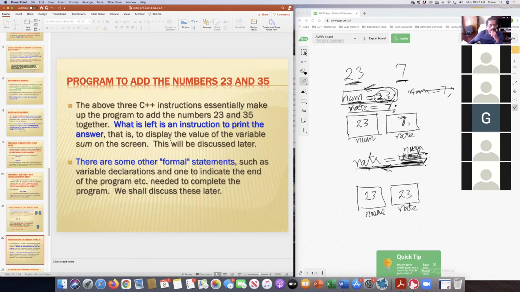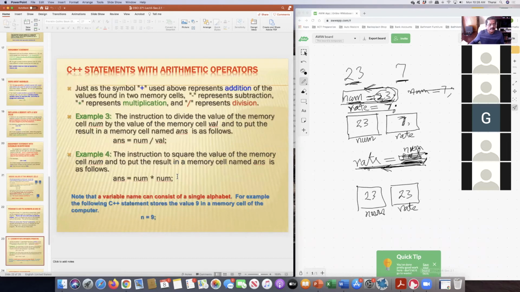The instruction to put the answer on the screen or on the paper is what we are missing. We'll get to that. But there are also some other formal statements, such as variable declarations, that we need to learn how to do to finish the program. We'll be discussing all that later.